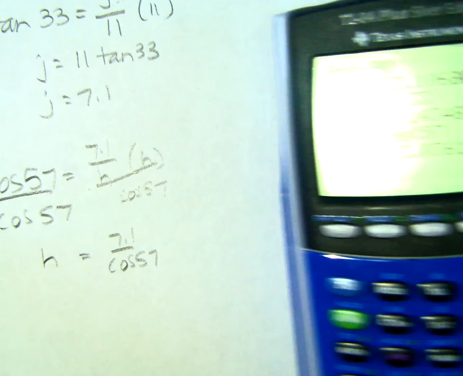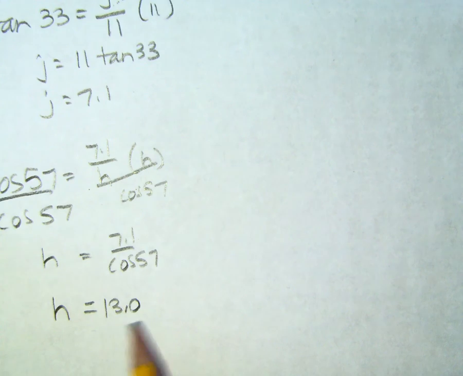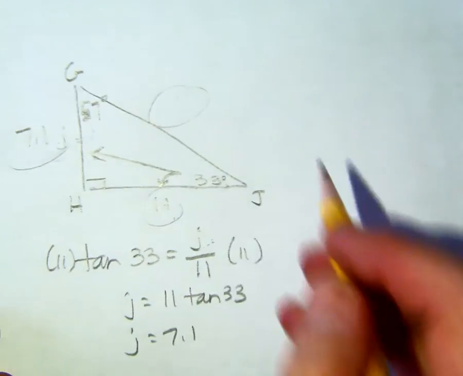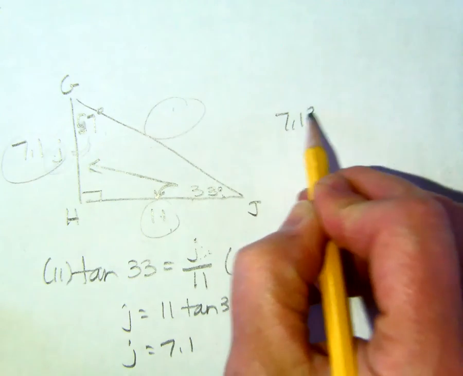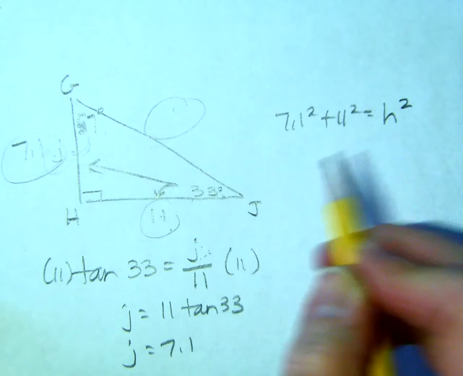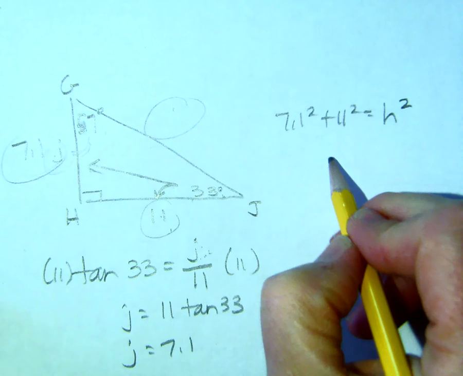And that's 13.0. Let's see if I had used the Pythagorean theorem. 7.1 squared plus 11 squared equals h squared. So h is equal to the square root of this.